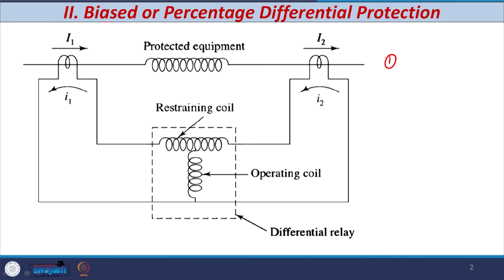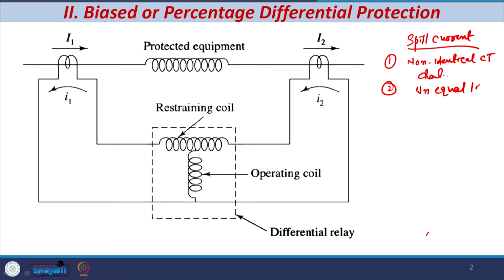The first is the problem of the spill current that flows through the relay because of the non-identical CT saturation characteristic, and the second is the unequal lead length. Because of these two problems, the differential current flows through the relay and the relay may maloperate if we go for the circulating current differential protection scheme.